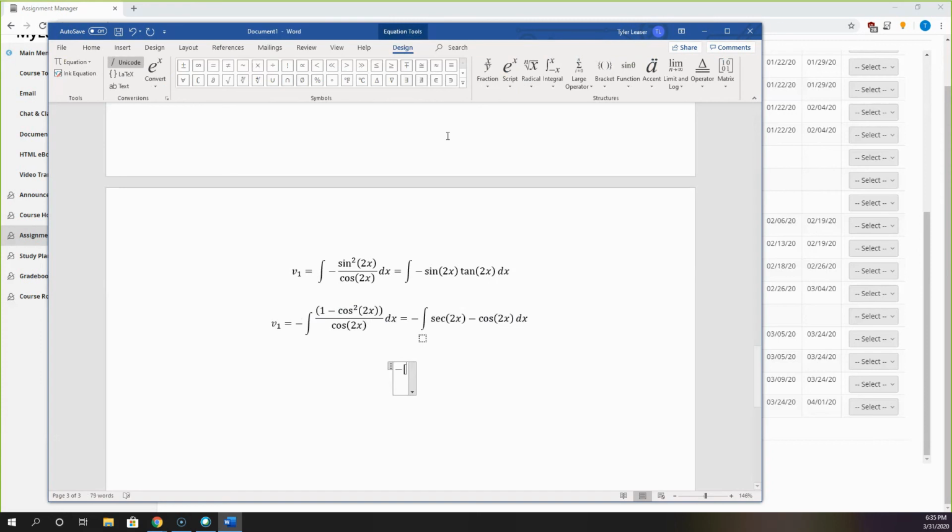Do you have the integral table on hand? And you can break apart the integral. Secant is the natural log of secant plus tangent.